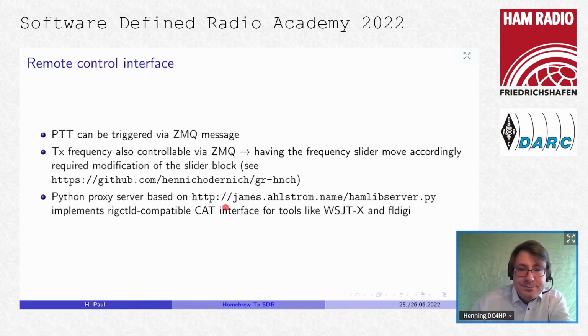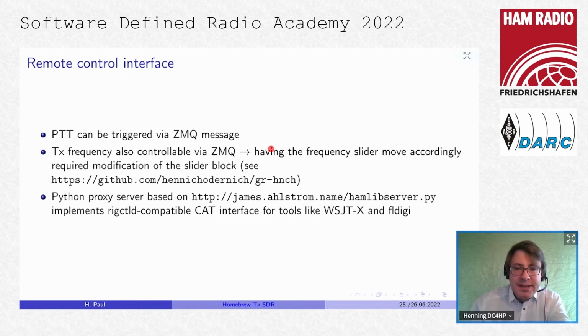How do I interface to the outside world? The answer is using the ZeroMQ protocol, because of course I need to interface with external software, for instance WSJT-X or FLDigi. That means I need some way to talk to my GNU Radio block design, and I chose ZMQ for that.